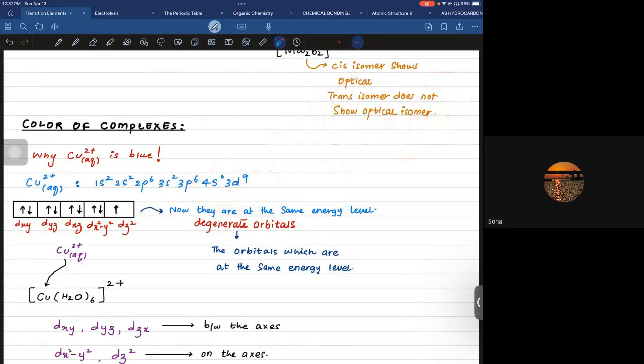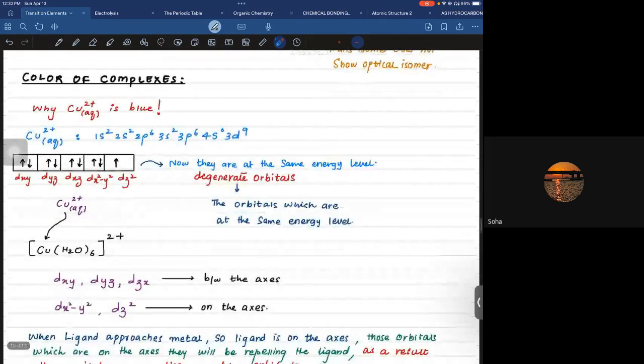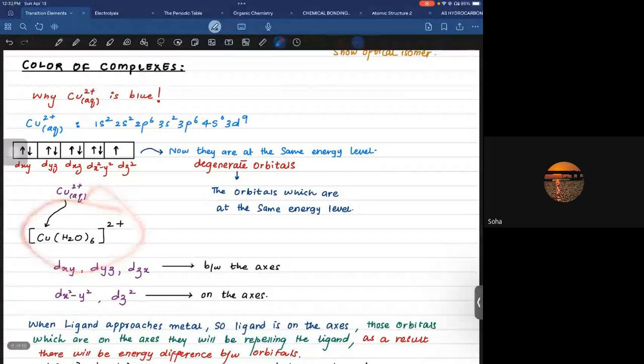So 1, 2, 3, 4, 5, 6, 7, 8, 9. These are the 5 d orbitals. Now they are at the same energy level. Nothing has happened so far, so they are called degenerate orbitals. I'm talking about this complex, where the water is going to make a bond with this copper.